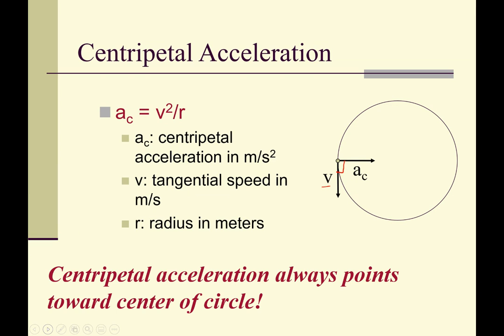It is very important for you to recognize that it always points towards the center of the circle. This is a major concept in AP Physics. You are expected to know that when you have any kind of circular motion, your net force or your acceleration is directed towards the center of the circle.